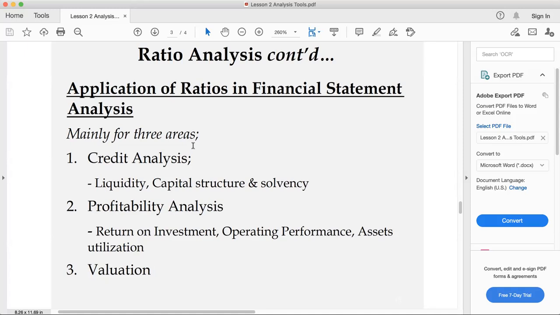So this valuation part you'll be learning in other courses like business valuation, corporate finance, sometimes in financial modeling forecasting subject. Now we'll do first profitability analysis.